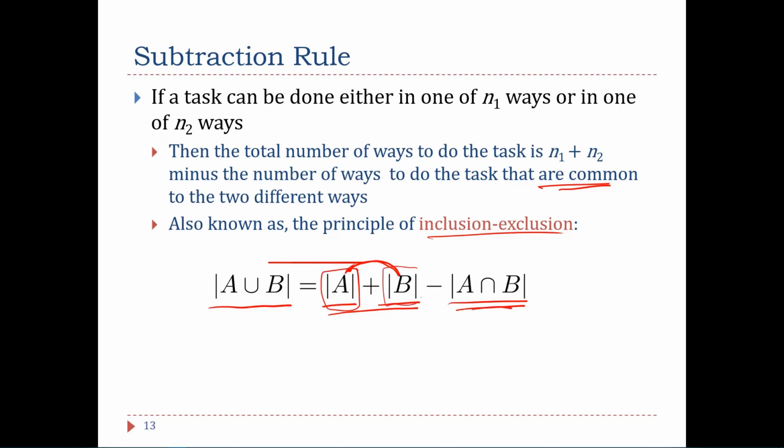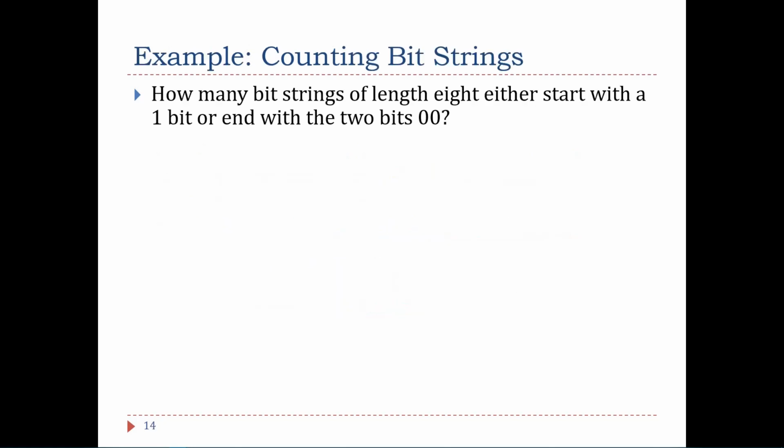For example, how many bit strings of length 8 either start with a 1 bit or end with two 0 bits? Once again, we have an "or" here, so it's kind of a union.